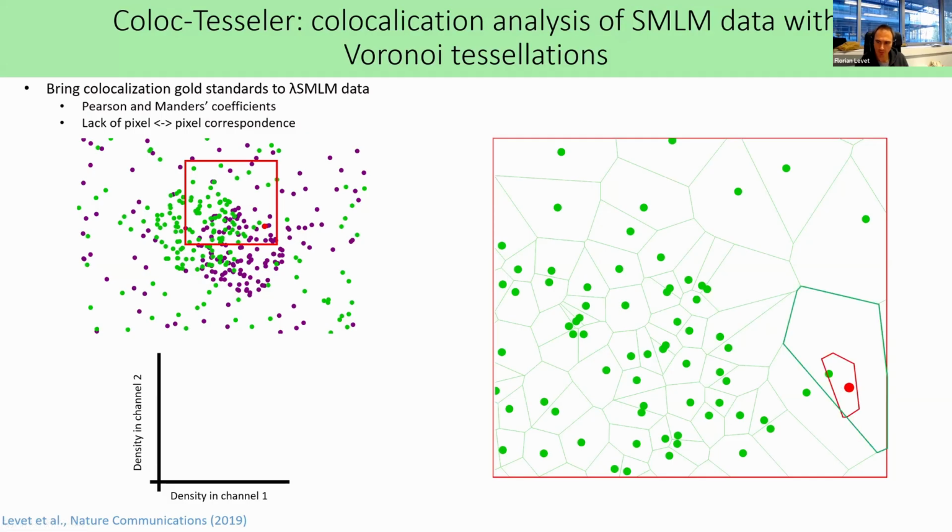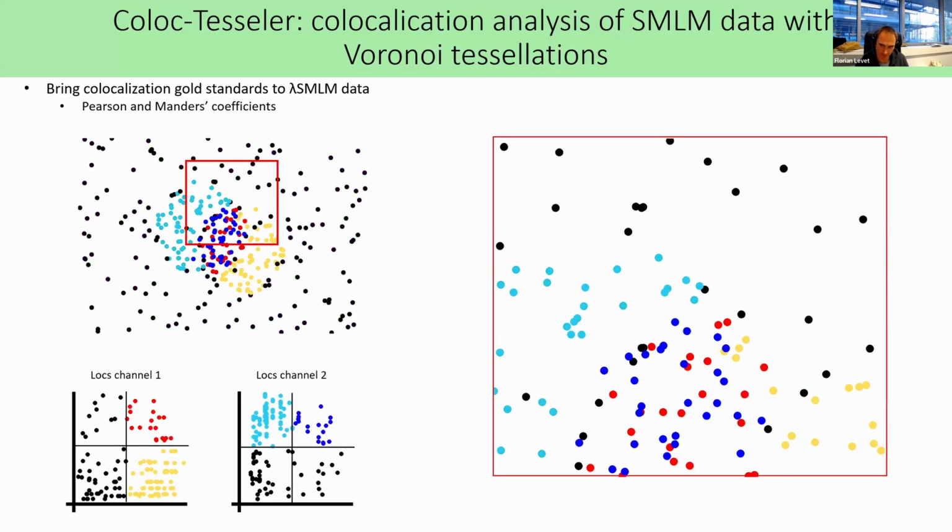And so we are really able to add a pair density descriptor to the localization. If you do that for all of your localizations, and then apply a threshold for the Manders coefficient, using the robust threshold that I just explained before on the Voronoi density, you end up with this kind of classification.